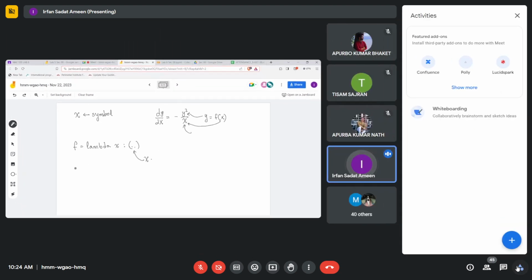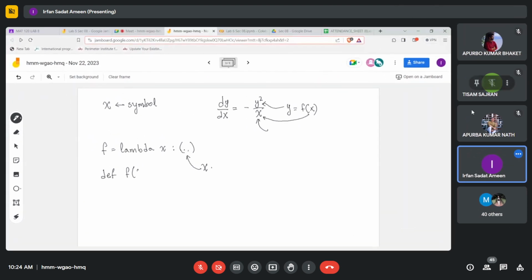You can think of it in another way, that you defined a function like this, which has the argument x, and then you didn't write anything here. It's empty. It can be anything.